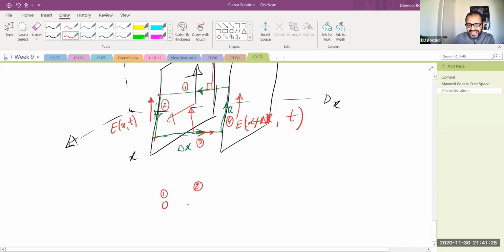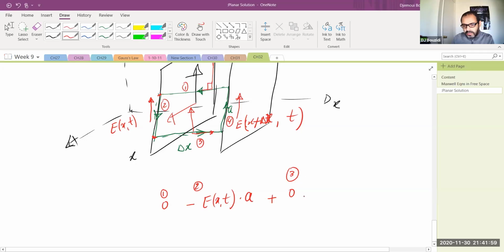For 2, I have minus E evaluated at x and t, and it's the same E everywhere. Remember, the whole point is that, at least on this plane, it's the same E everywhere. So it doesn't matter if I find it here or here. When I integrate a constant, it's a constant times this a. For 3, it's 0.